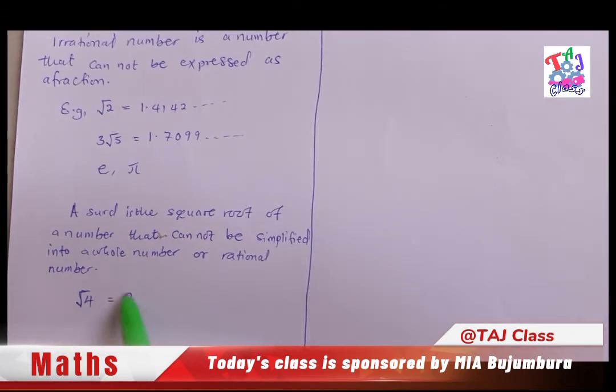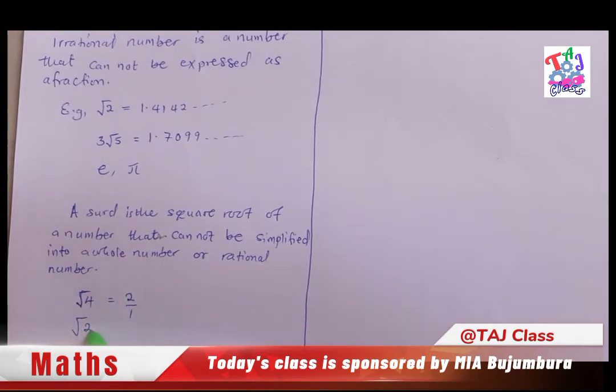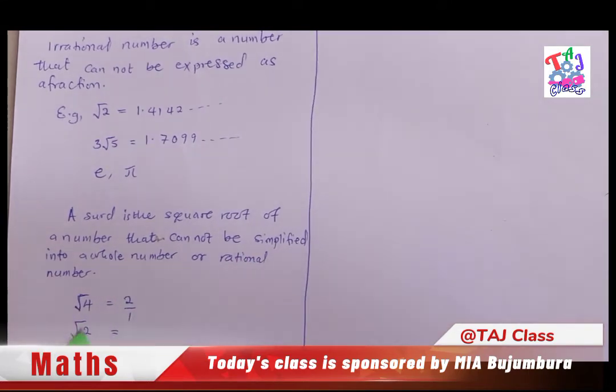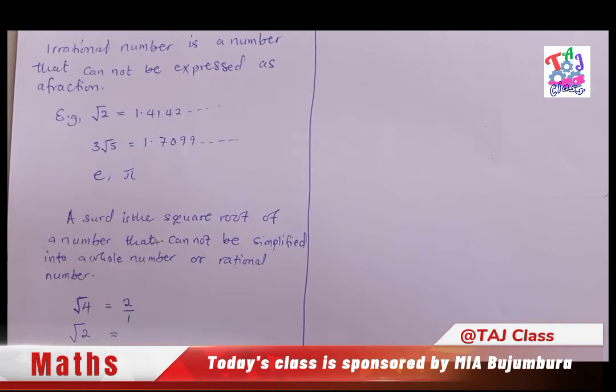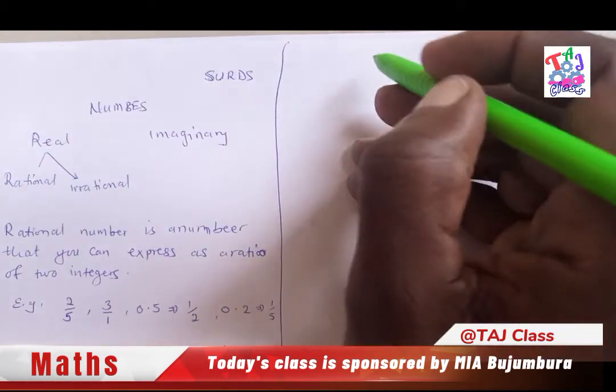So this form here is rational and it is a whole number, so this one does not become a surd. But a figure like this, it remains that way. There's no way you can have it in this format, so that makes it an irrational, a surd.